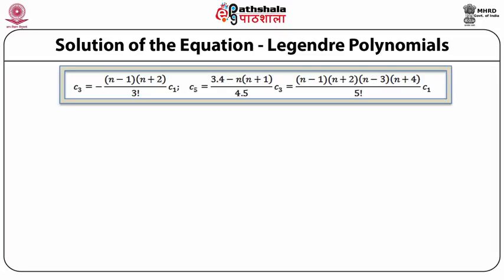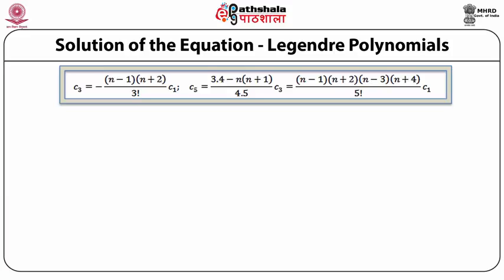C3 = (2 − n(n+1))/(2·3), the entire thing multiplied by C1, and may be simplified to obtain C3 = −(n−1)(n+2)C1/3!.